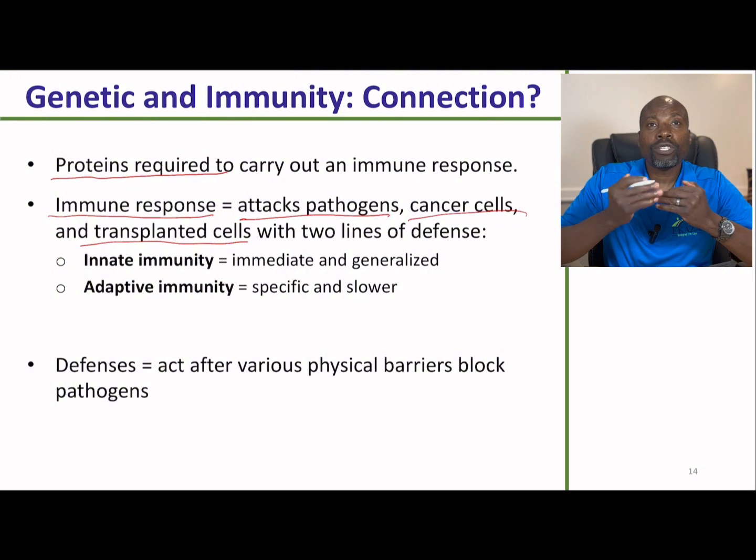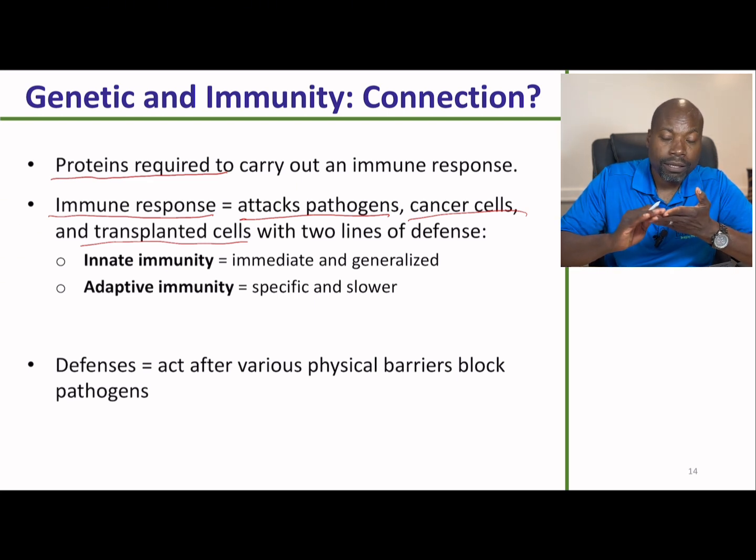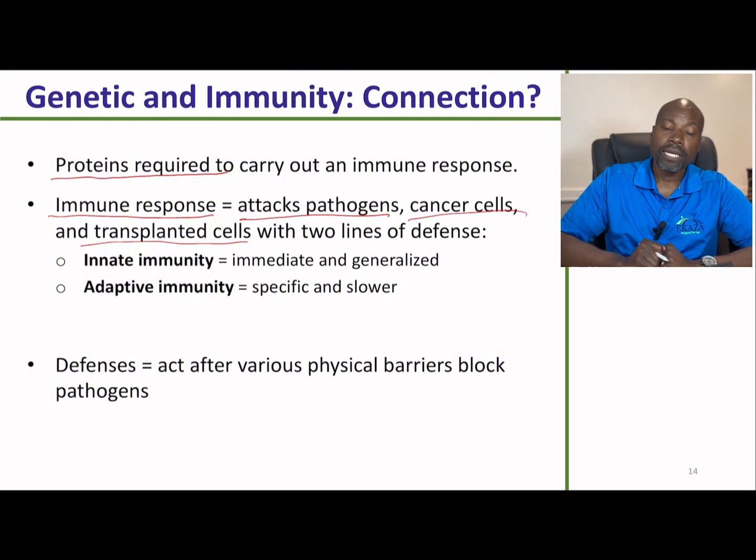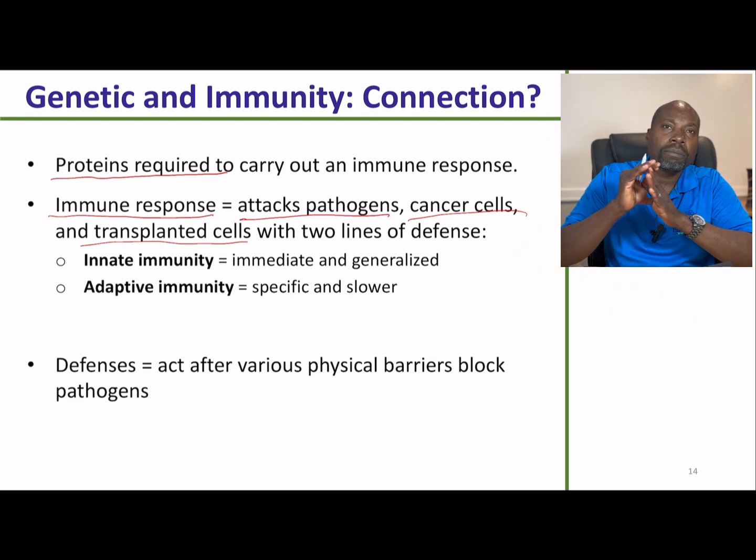But if we transplant the cells, there is a reason, right? So we will have to find ways to interfere with our immune system so that the transplanted cells are not destroyed, right?